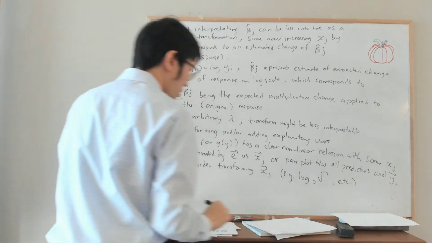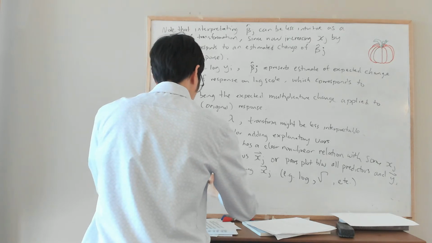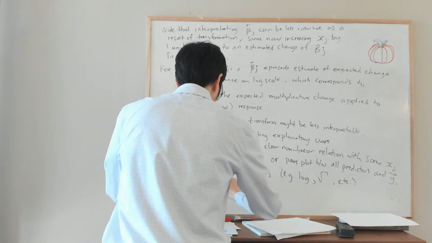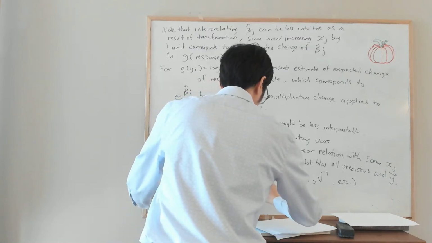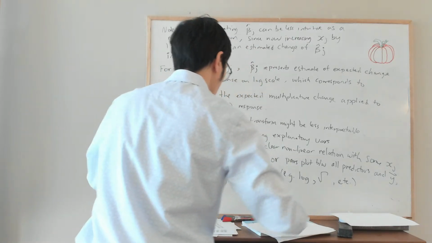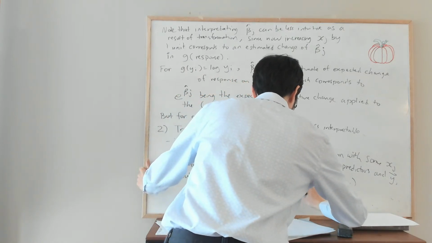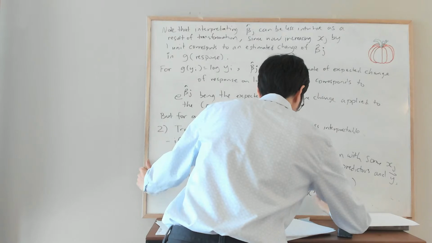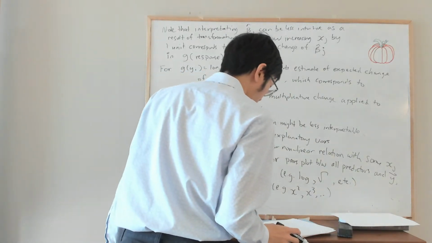Subpoint number two: we could add polynomial terms. So you do like x squared, x cubed, and so on, and you can add those into the regression.